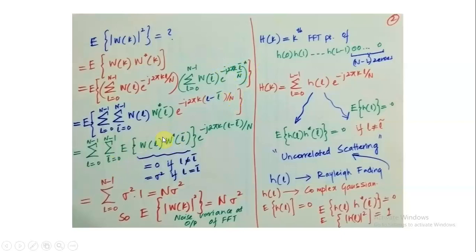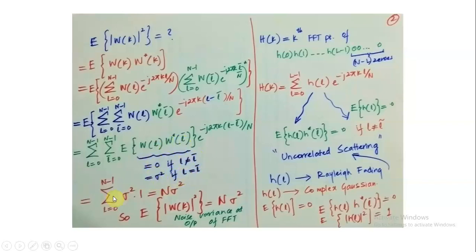So what we have is we can take the expected value of only these terms because we can't take the expected value of exponentials. So we already found out the expected value of wl into w conjugate l dash is equal to 0 if l is not equal to l dash, that is, the subcarrier index is different, and that is equal to sigma square if the subcarrier index is the same.